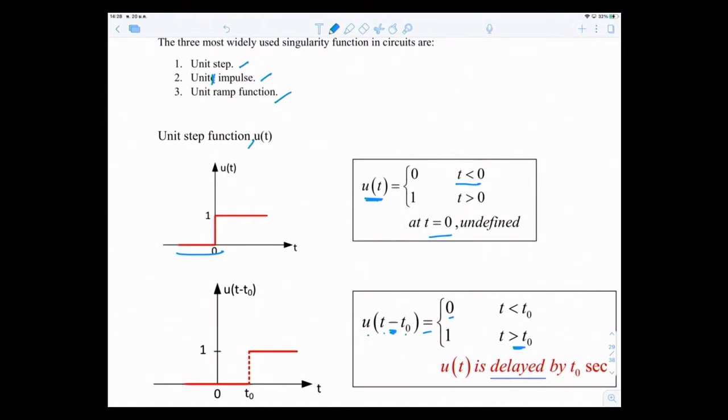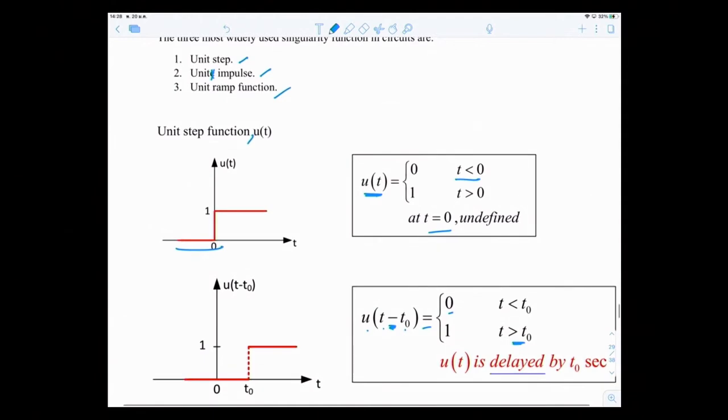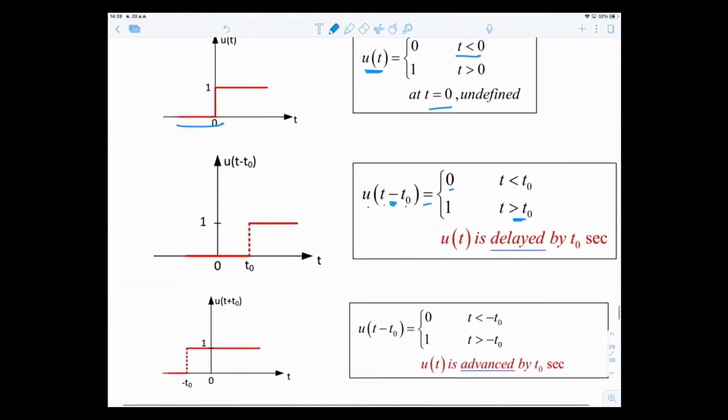Another one is, of course, if you want the step to come before t equal to 0, so it comes in advance. You're supposed to come at t equal to 0, but you step up before t equal to 0, at minus t0. In this case, you come before, so it's a positive feeling. So put a positive sign there.